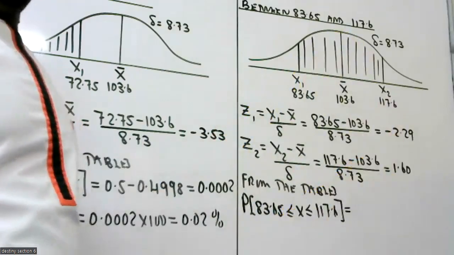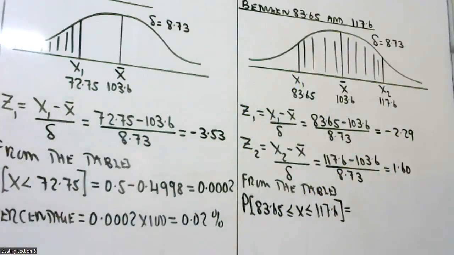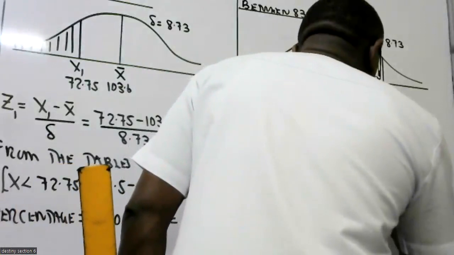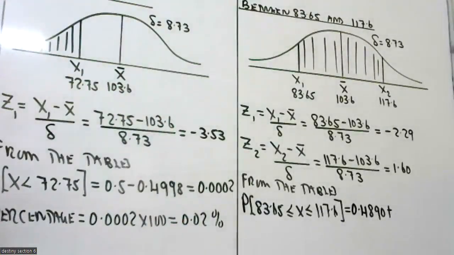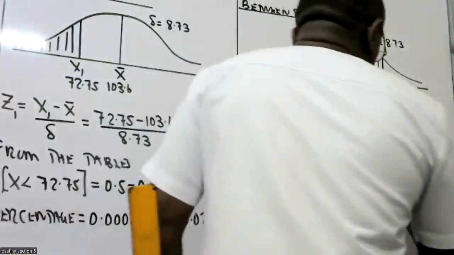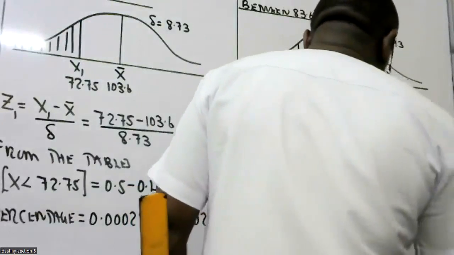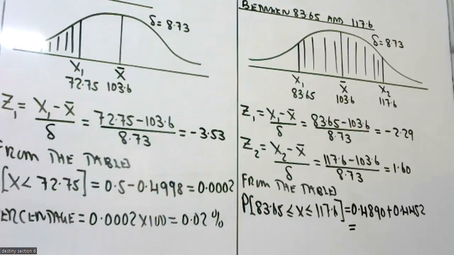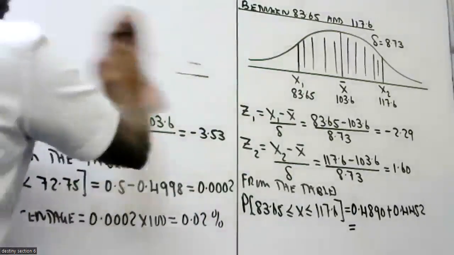So go to the table and read this 2.29. 0.4890, and this one of 1.6, 0.4452. Good. 0.9342. And then multiply it by percent so that you get the answer.